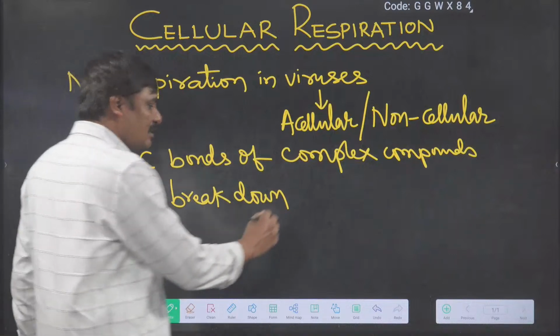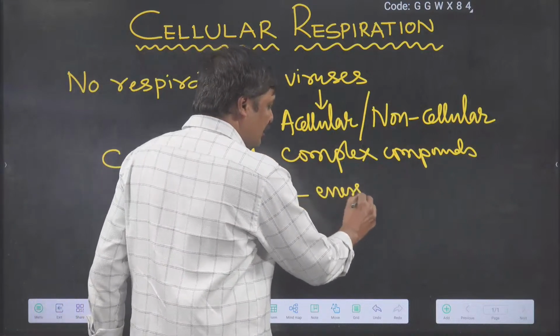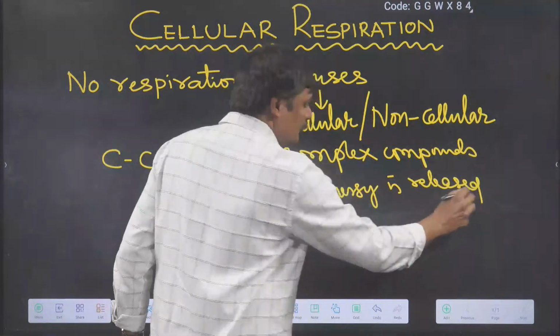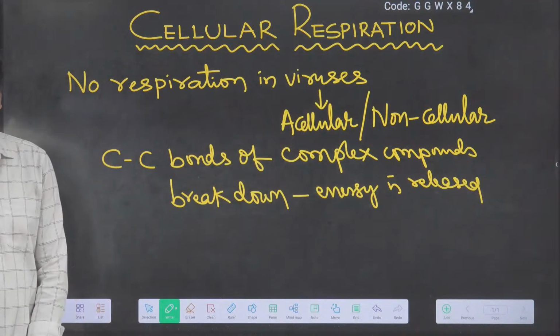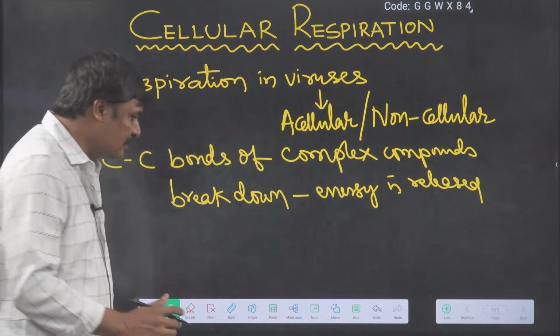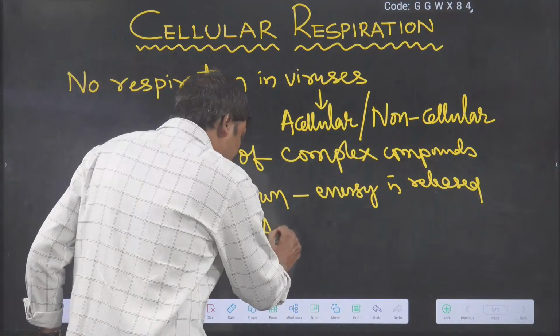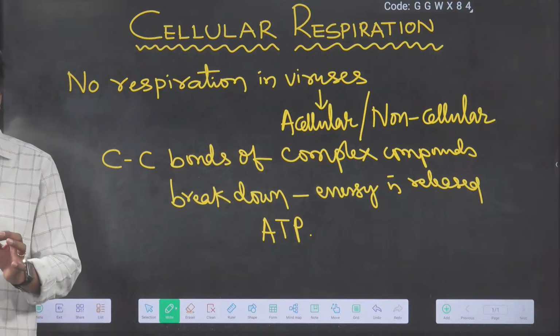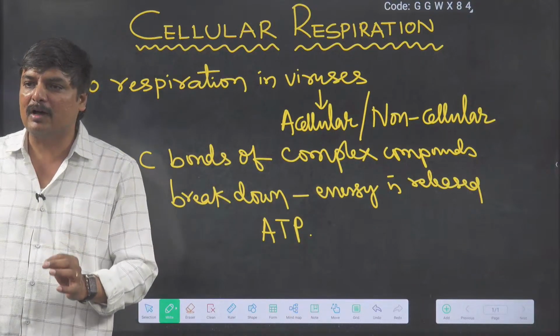As a result, energy is released. This energy is used to synthesize ATP. This process is called cellular respiration.